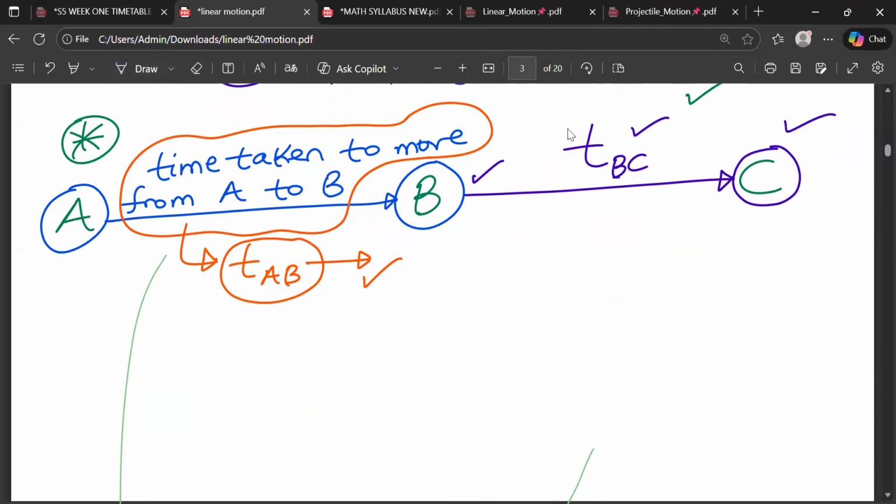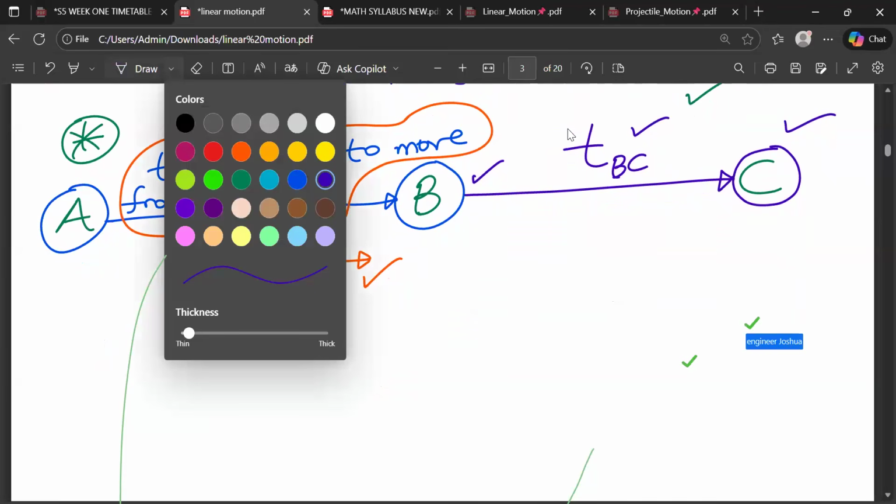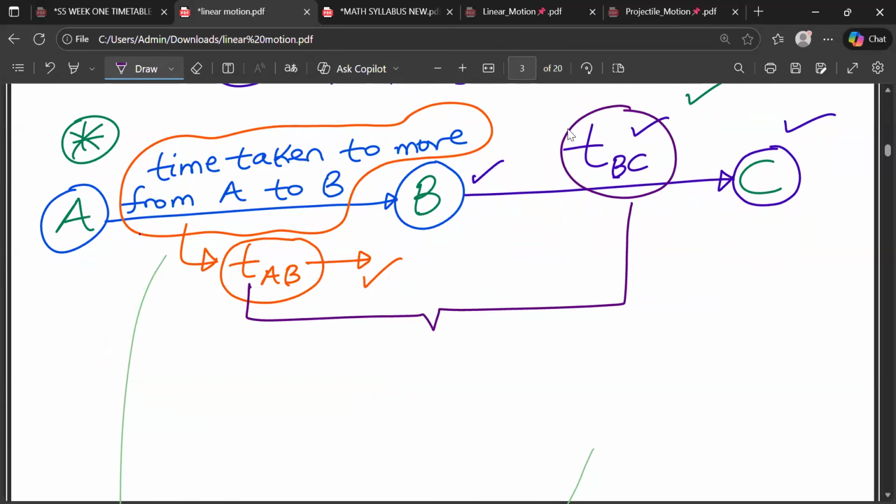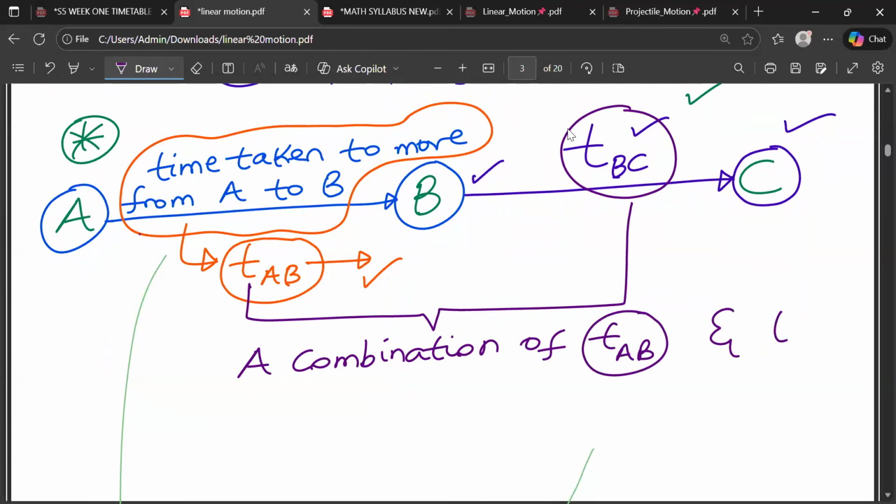Now, what is the thing I want to talk about? A combination. Hey, you listen. This is very important. A combination of t AB and t BC is called, who can tell me, how is it called?